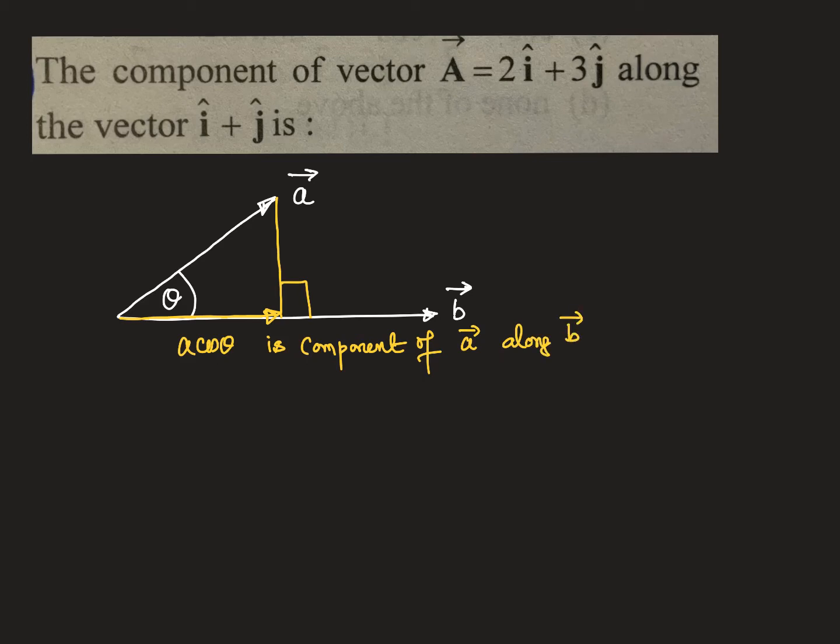So this A cos theta you can also write using cos theta, which is A dot B by AB.